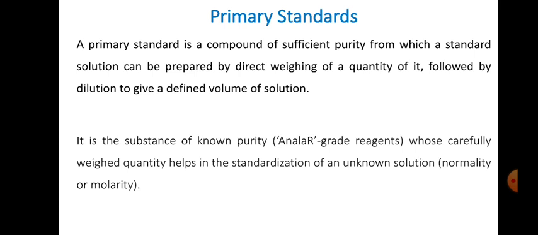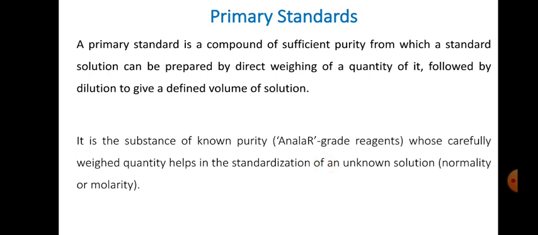We can also define this primary standard as a substance of known purity. Because we know the purity, usually it has a sufficient purity, we are referring to it as 99.99 something, right? So these primary standards are of AnalaR grade. There are different grades of reagents and solvents which we use in pharmaceuticals.